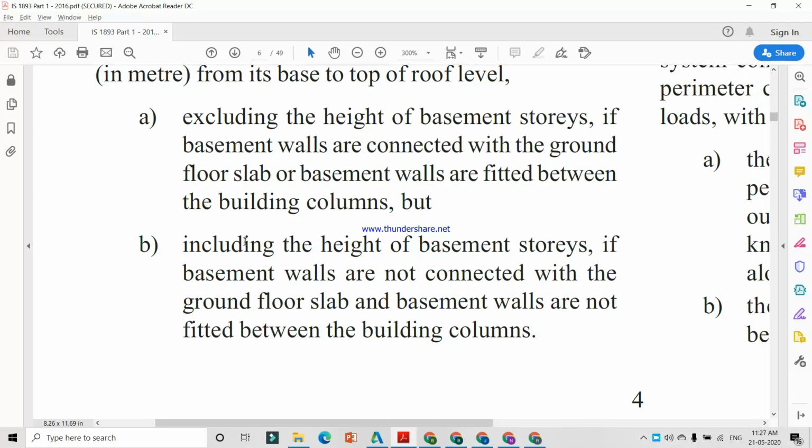But you have to include the height of the basement story if the basement walls are not connected with the ground floor slab, that means the ground floor slab and basement slab are not connected by any kind of wall.